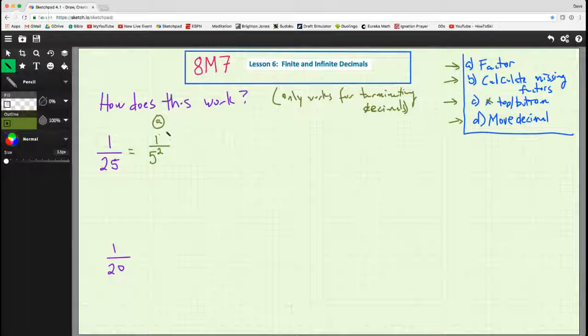So that's the first thing, factor. Now we're going to calculate the missing factors. And so we have 2 5s, so we need 2 2s. And that's going to make it so that we have the same number of 5s and 2s. Now step C is to multiply both sides, or the top and bottom, by our missing factor.